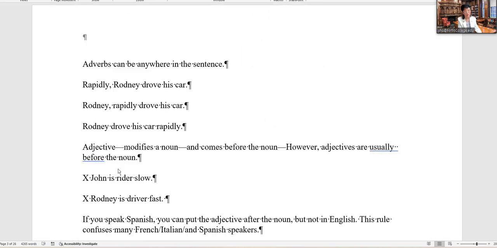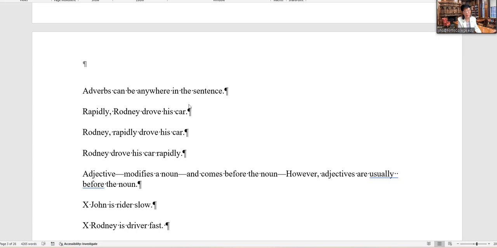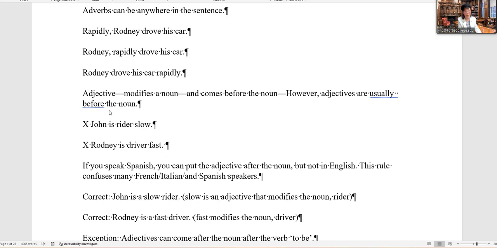And so adverbs can be anywhere in the sentence. Rapidly, Rodney drove his car. Rodney rapidly drove his car, and Rodney drove his car rapidly. So here the adverb can be at the beginning of the sentence, the middle of the sentence, or the end of the sentence.